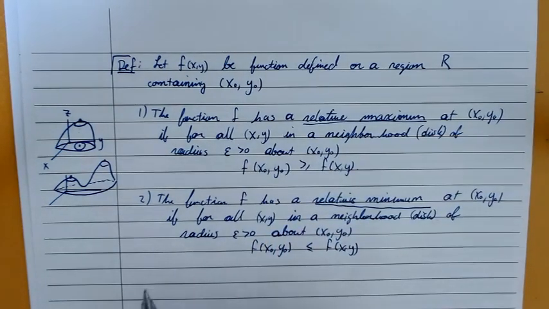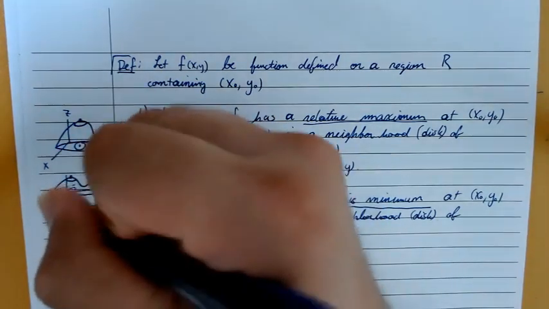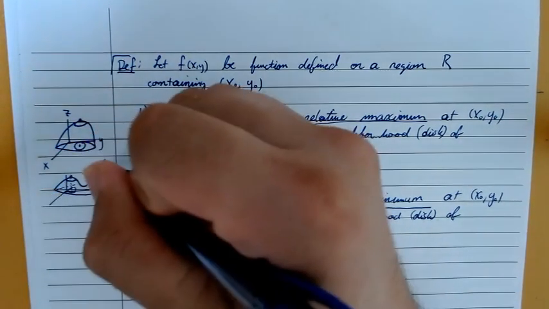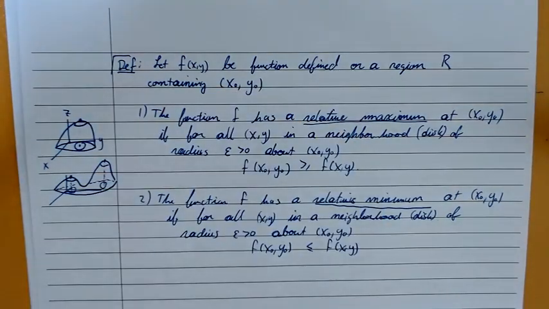So exactly the same thing, but reversed. It's a minimum if all the points nearby are bigger. It's a maximum if all the points nearby are smaller, in keeping with the typical meaning of minimum and maximum that we may be used to.